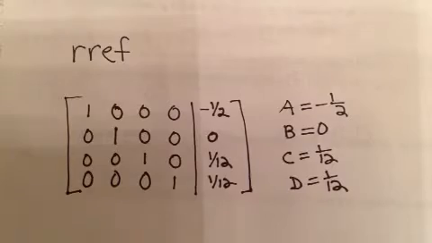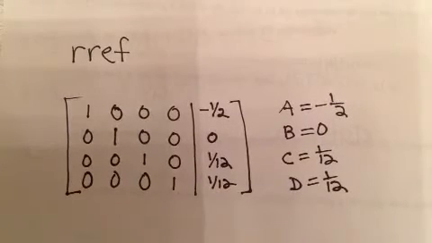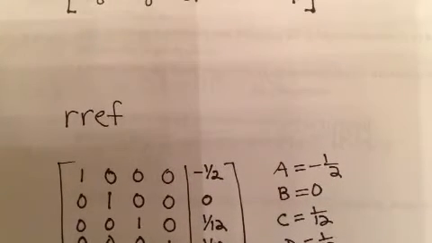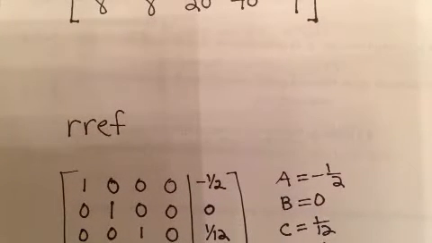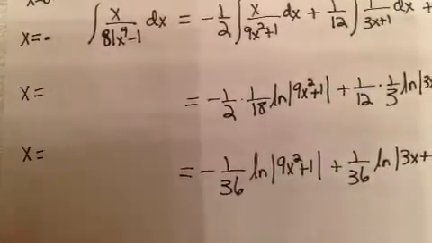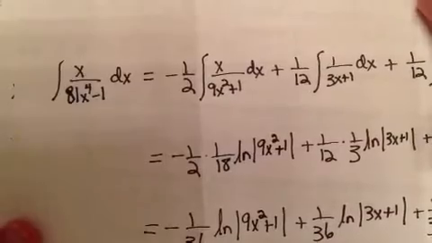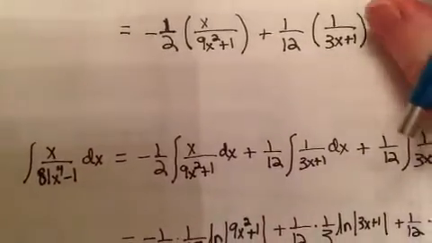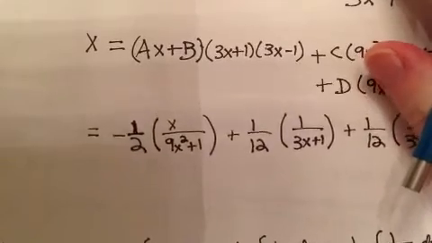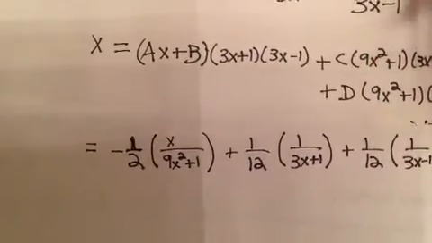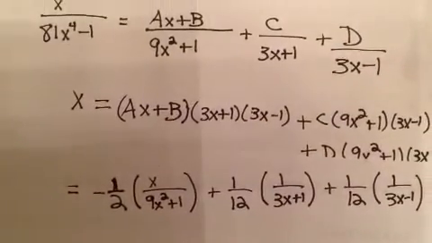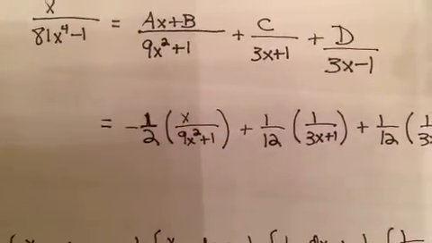And now that we have established the reduced row echelon form and our values of the coefficients for A, B, C, and D, once again for the layout here we have Ax plus B over 9x squared plus 1.